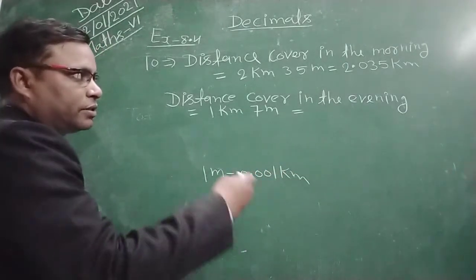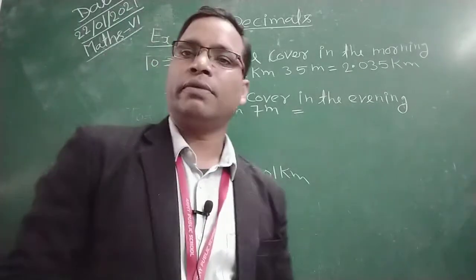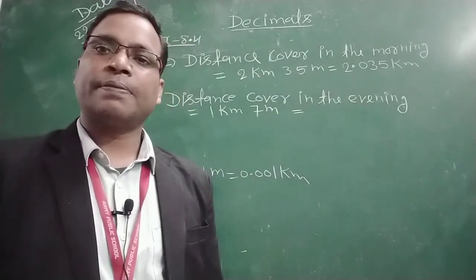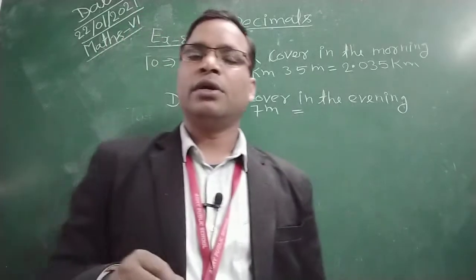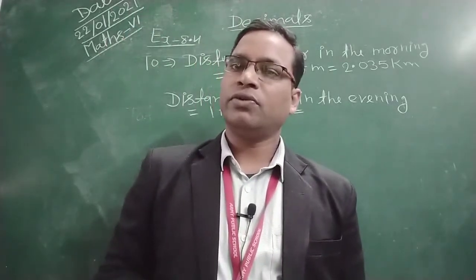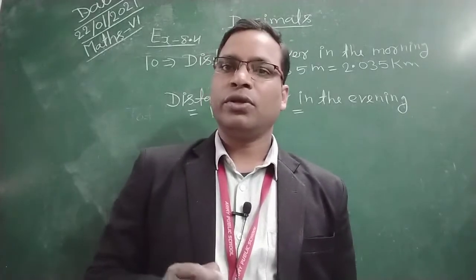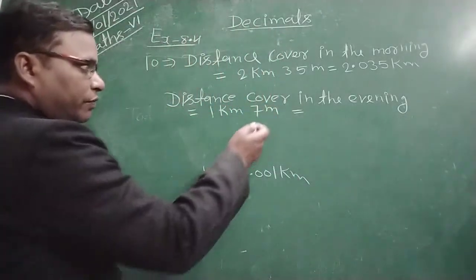In the previous video we already discussed how we convert meter in kilometer or kilometer in meters. So if you face any difficulties to convert meter in kilometer, you can see that video, and I hope your doubt will be clear. Now, here we have 7 meters.